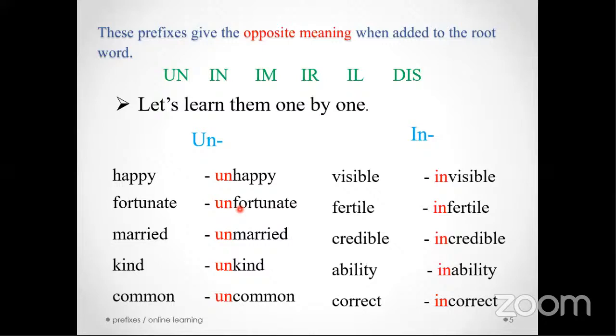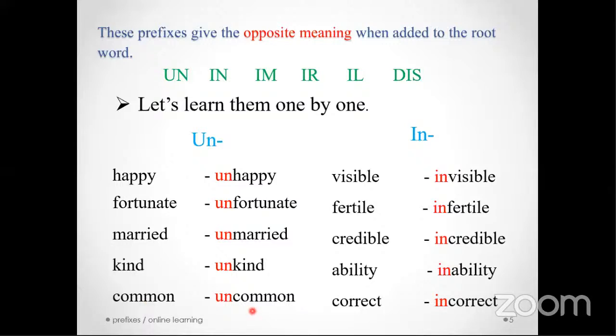Next word married, vivahaka, and with the prefix un, unmarried, avivahaka. Next one, kind, karunika, and we have added the prefix un. The word is unkind, akarunika, karunavak nati. Next word is common, podu.